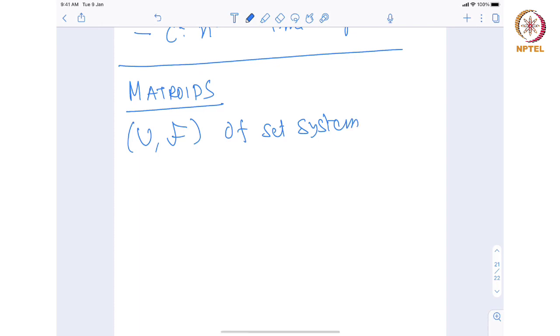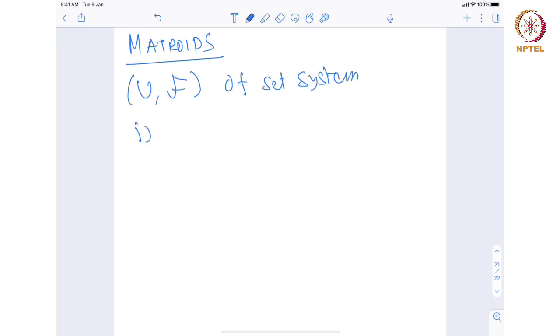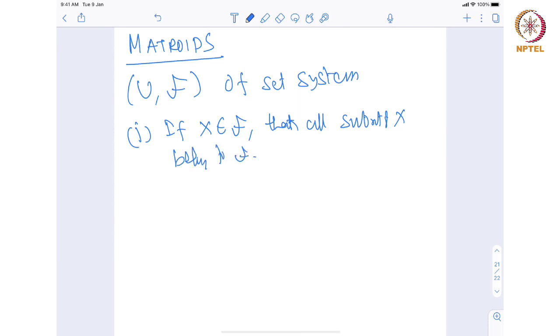What are the properties? The first property is that it's hereditary: if X belongs to the family, then all subsets of X belong to the family.